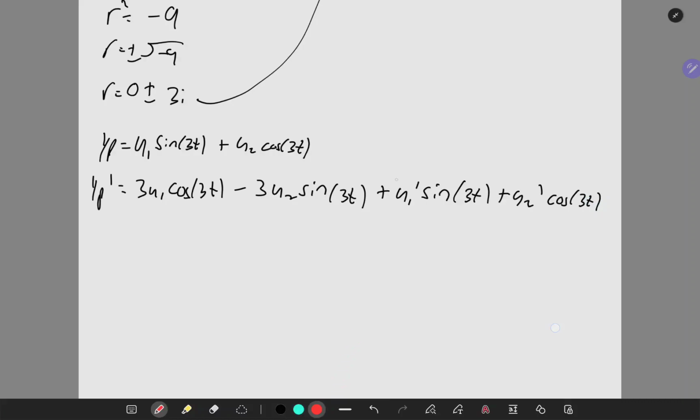I grouped those together because we're going to take that and set it equal to 0. Take it out, right? Sorry, yp prime.